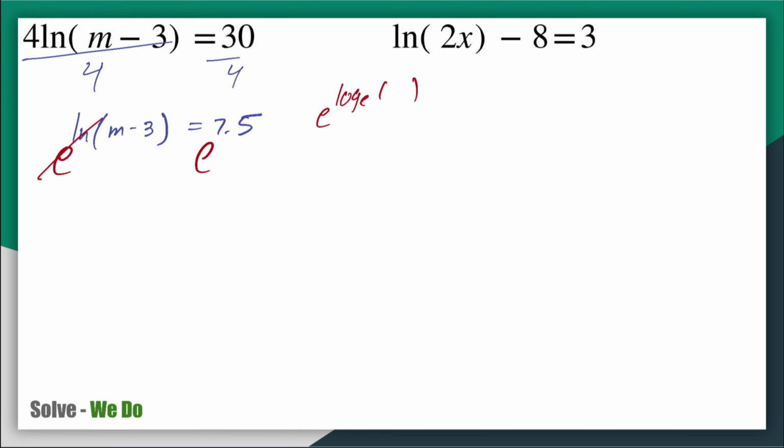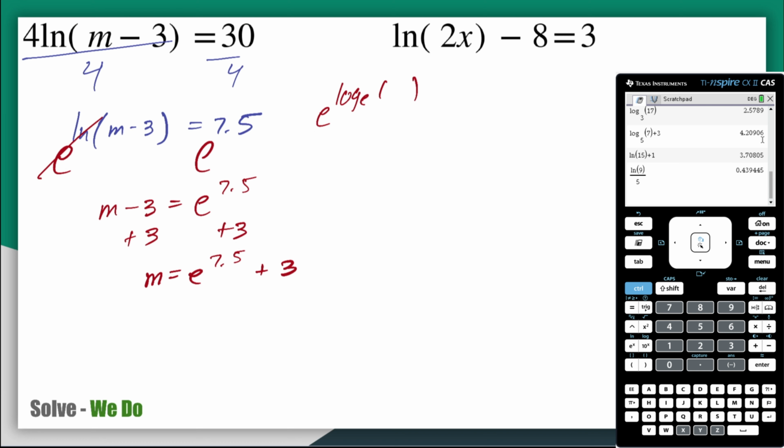So now this cancels, and I'm left with m minus 3 is equal to e to the power of 7.5, where I can just add 3 to both sides and get m is equal to e to the power of 7.5 plus 3. Now I bring out my calculator, and it's no different, right? This time I'm not using control.